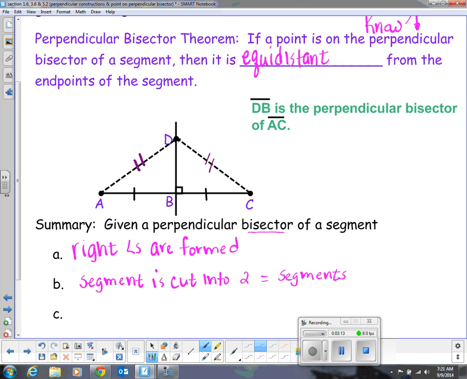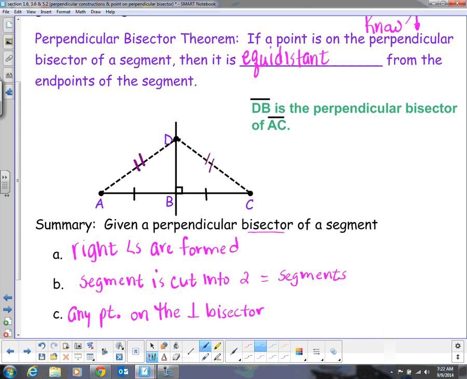And this perpendicular bisector theorem says that any point on the perpendicular bisector, this is why we have all these symbols, is equidistant. That means same distance from the endpoints.